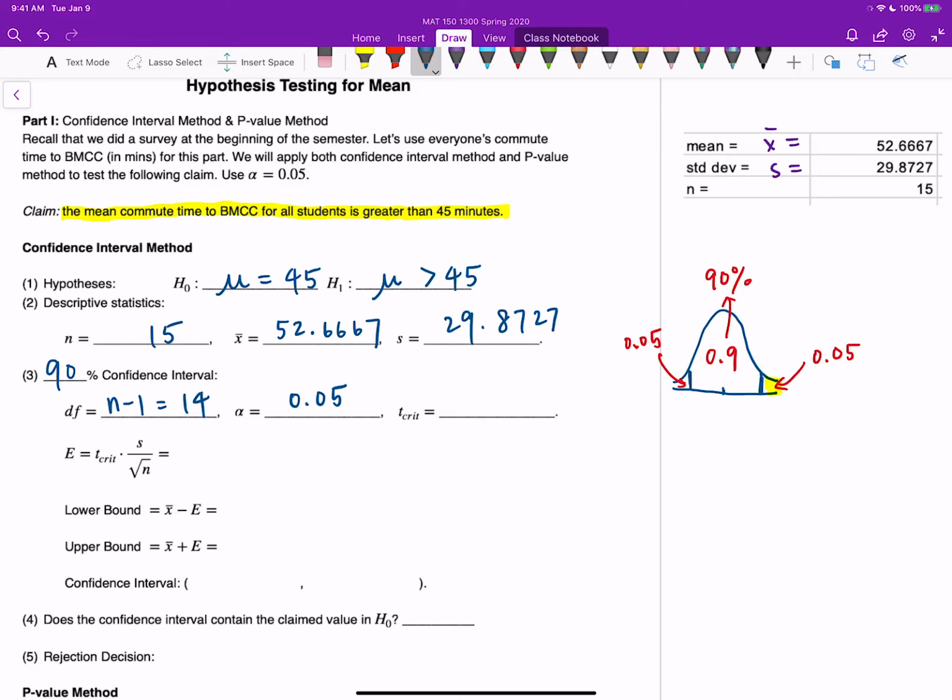We're going to use these two pieces of information to find out the critical value. So remember, 14, alpha 0.05, and it's a one-tail test. So you're going to look at area in one tail is 0.05.